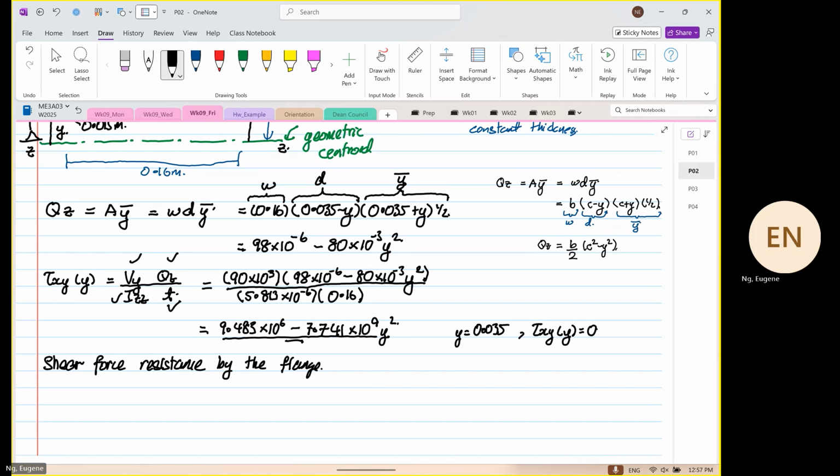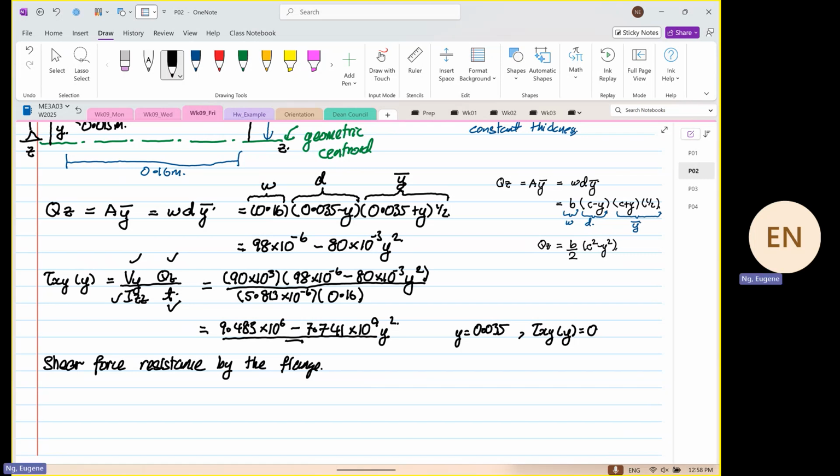Anyone? Why we cannot use that? How come when it's under axial loading, you can use force divided by area? For this case, we can't. What is the difference?